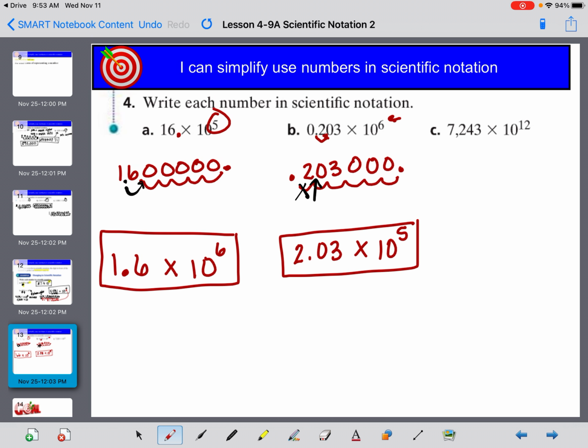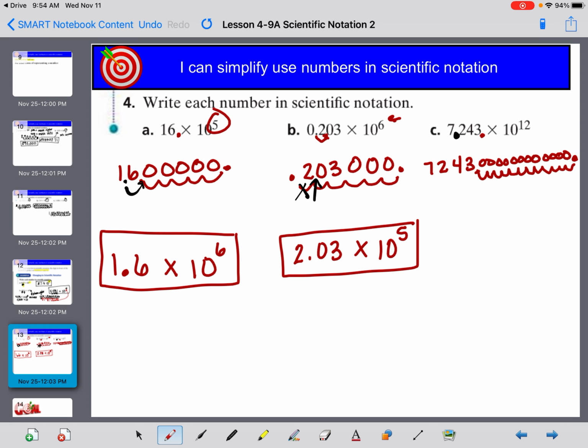Letter C. The decimal currently is at the end. 7243. And it wants me to move it 12 places to the right and fill in all of those zeros. Okay? But I know that in proper scientific notation, the decimal point should be where the comma is.